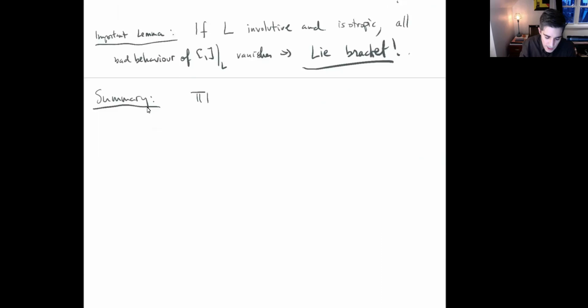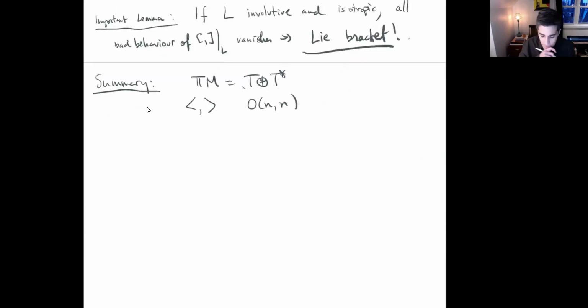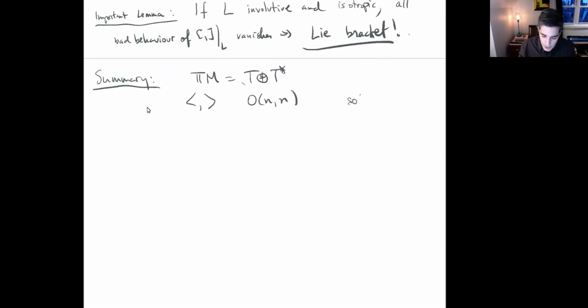We have TM. We have an inner product, which gives the structure of an O(n,n). And the Lie algebra is wedge 2 of T plus T star.